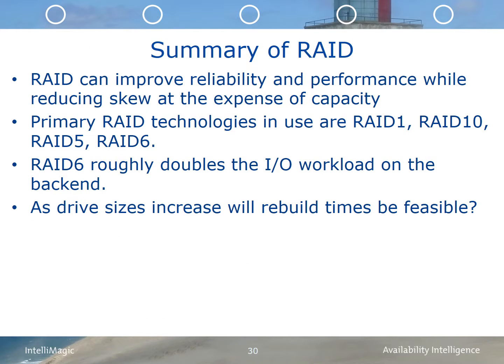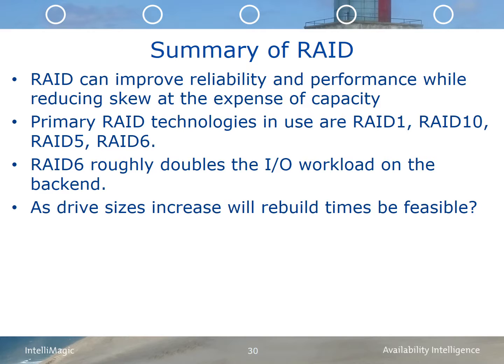To summarize RAID, it can improve reliability and performance while reducing skew at the expense of capacity. So the more space that you need to use to improve the availability, the more space you lose for usable space. The primary disk technologies still in use in most enterprise systems are RAID 1, RAID 10, RAID 5, and RAID 6.